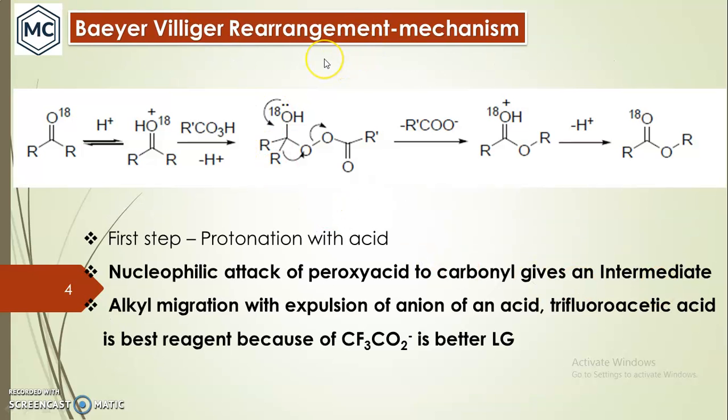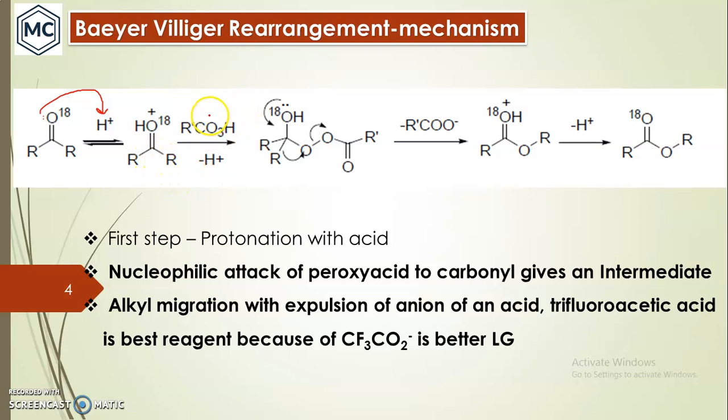Coming to the mechanism of the reaction, you start with the ketone, and in the presence of acid, the lone pair oxygen gets protonated first. You can see that this oxygen contains a lone pair, and it gets protonated, and you get a protonated ketone, which becomes more electrophilic.